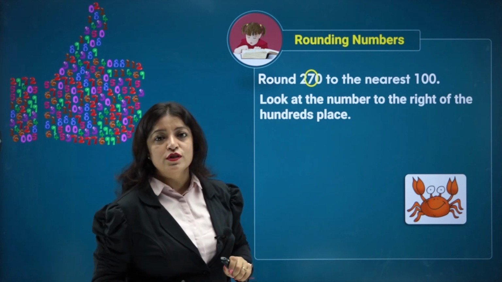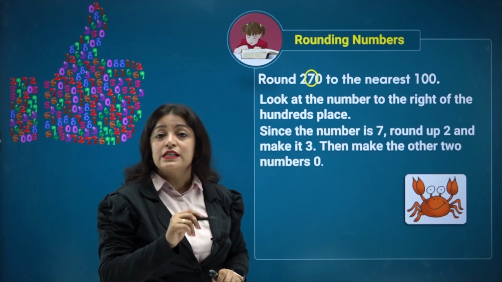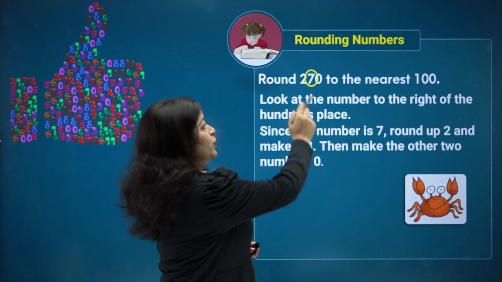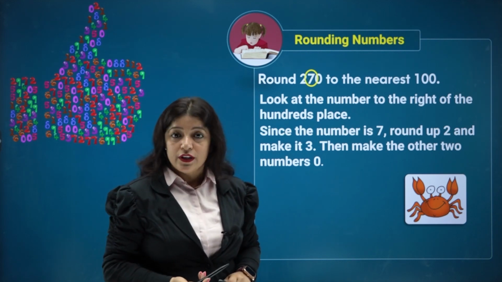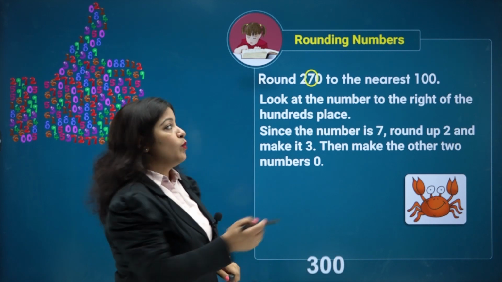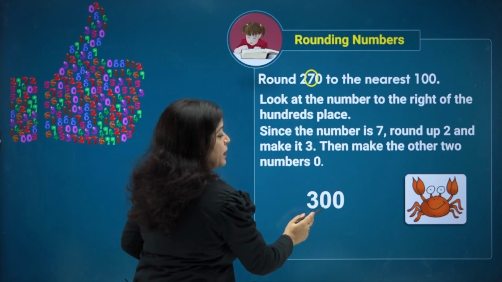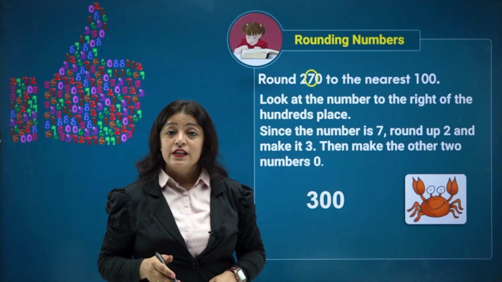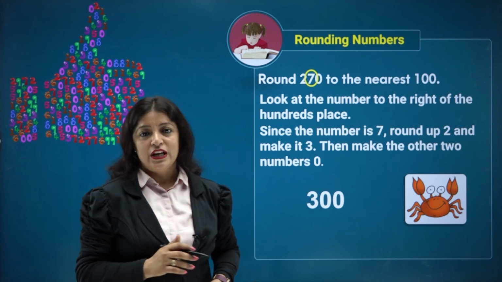Yes, of course. So if the next digit is greater than 5, then we have to increase the digit by 1. So here 2 will be increased by 1 and becomes 3, and all the digits after it become 0. So we can say 270 will be rounded off to the next number, 300.